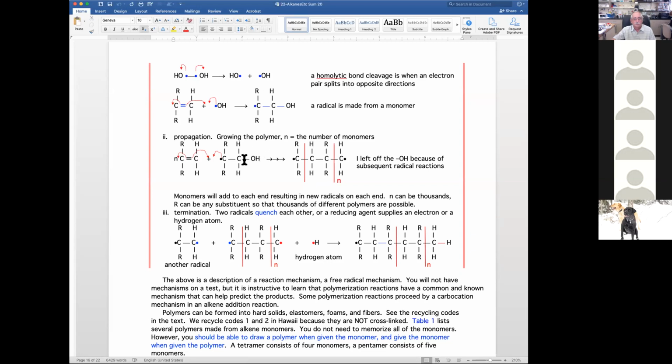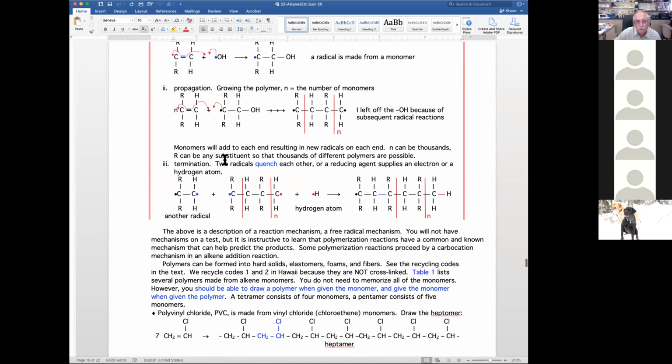It gets drowned out in the multitude of radicals, and you essentially get polymers that can grow on both ends. Okay. So this is propagation. They simply add, and the polymers are getting longer and longer and longer.